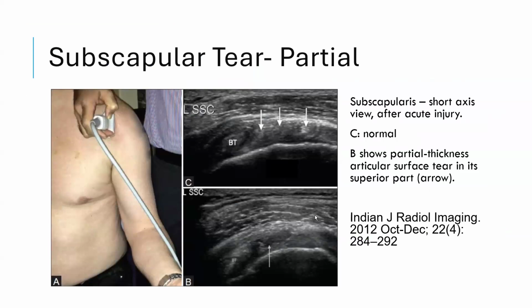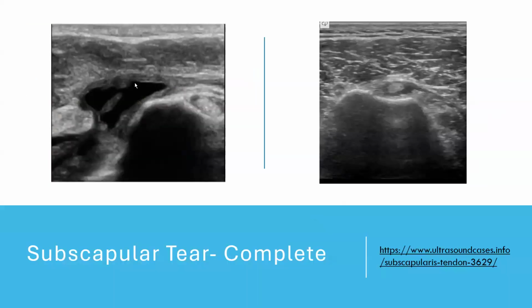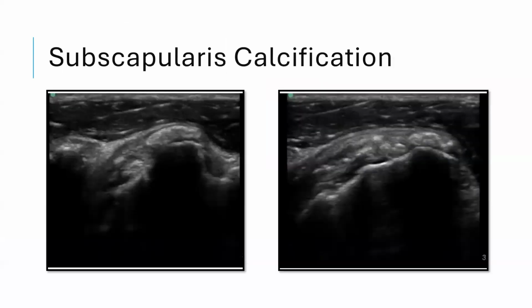Whereas this is a full thickness tear with accumulation of fluid. This part is completely detached from the lesser tuberosity, and in between, because of the trauma, inflammatory fluid is accumulated. So basically it's a complete tear of the subscapularis, and this definitely needs surgery for fixation. This is a subscapularis calcification. Last day I told you about the grades of calcification.